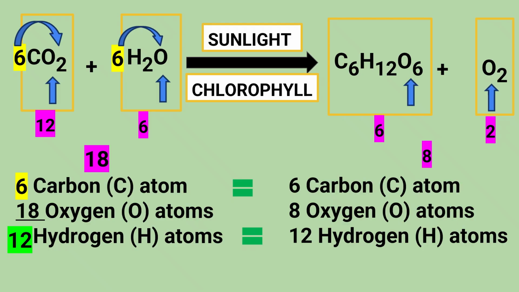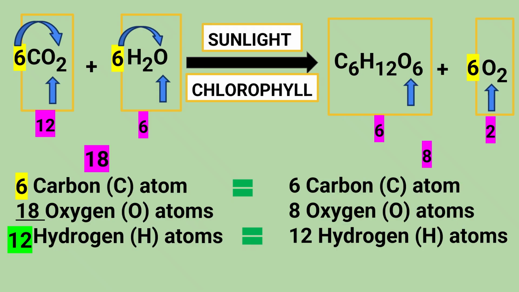Since we've already balanced the carbons and the hydrogens, it's a good idea not to add any numbers in front of the glucose. Glucose has 6 oxygen atoms, so we need to put a number in front of the oxygen molecule so that we have 12 more oxygen atoms on the product side to balance the 18 oxygen atoms currently on the reactant side.